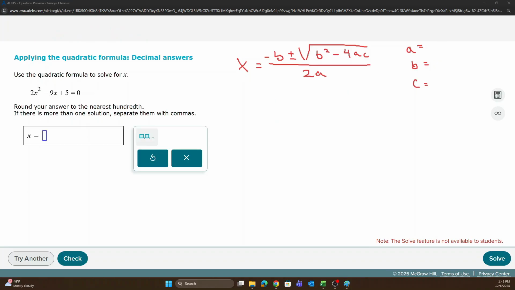All right, so here we have another one. We've got our 2x to the 5th minus 9x plus 5. That tells us that a is 2, b is negative 9, and c is 5.